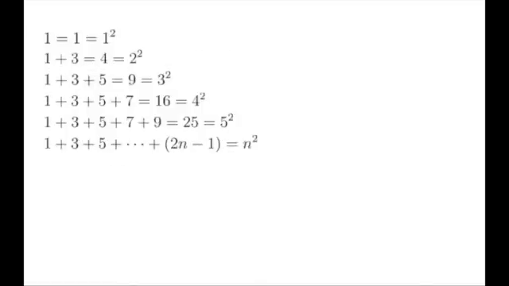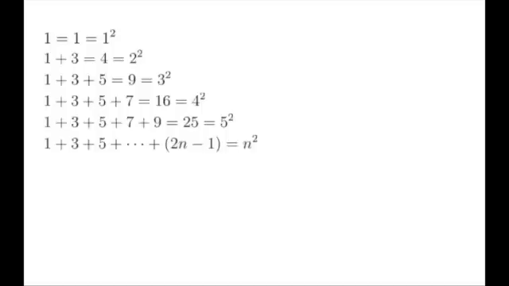In 500 BC, the ancient Greeks knew this as part of their number theory. If you add up the consecutive odd numbers starting at 1, you get 1 for the first one, 1 plus 3 is 4 for the second, 1 plus 3 plus 5 is 9. And it seems that you're always getting a perfect square, the square of the number of terms.